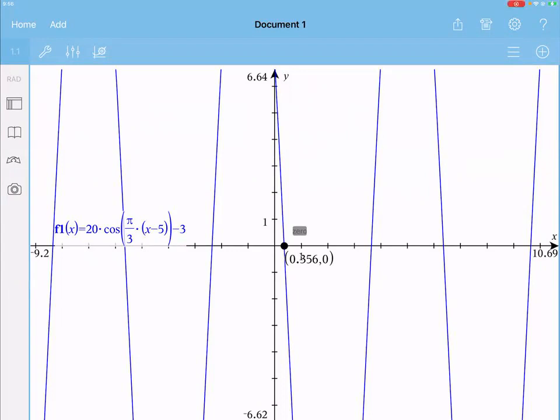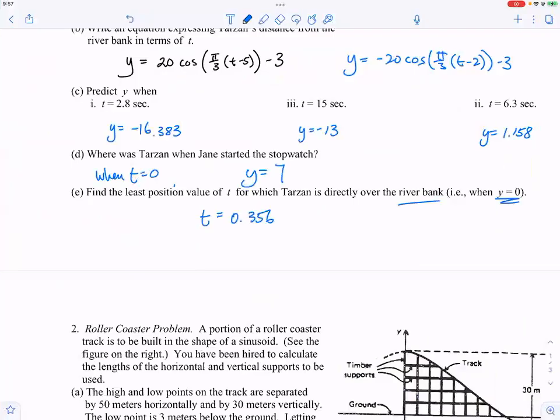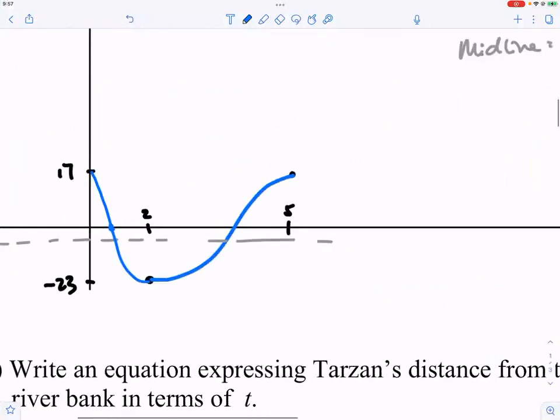I think the challenging part of this particular part E is that when you drew your graph, the point that cuts the x-axis, or horizontal axis, is between 2 and 5. But if you look at the whole graph, there is an x-intercept prior to 2 comma negative 23.